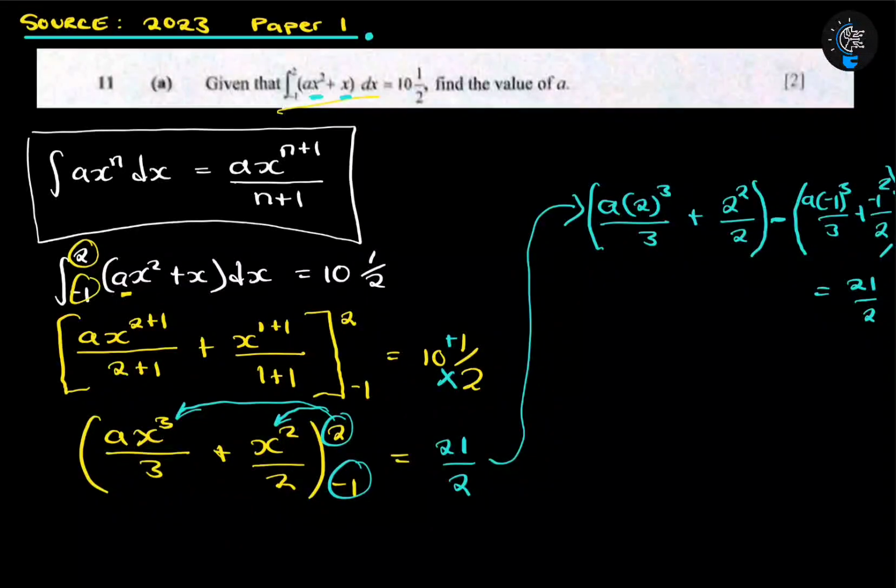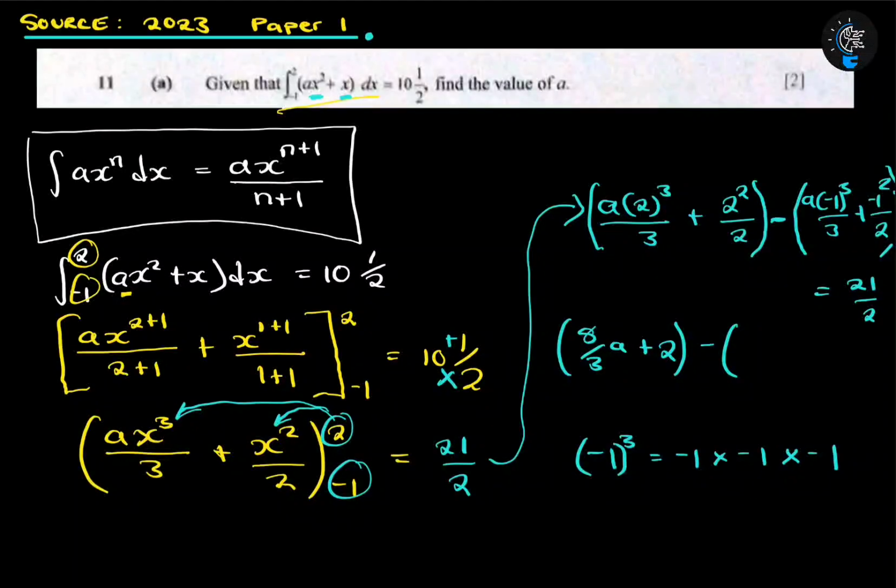Your next step must be simplifying this expression on our left hand side. We know that 2 to the power 3 is 8. So we can say 8 over 3 a, plus 2 squared, that's 4, divided by 2, we are going to get a 2, minus, you open, negative 1 to the power 3. Now check this, negative 1 to the power 3 is negative 1 times negative 1 times negative 1.